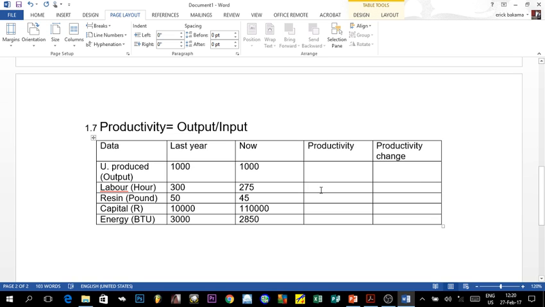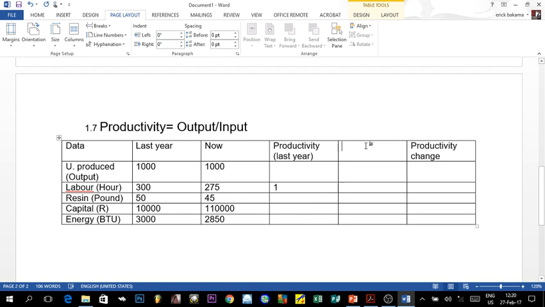The productivity in this case, we still have our outputs. So we call it productivity last year, and we also have productivity now. So last year, our productivity for the number of hours, it used to be 1000, which is the number of units that we have produced. Then we divide by 300, which is the number of hours that we use.